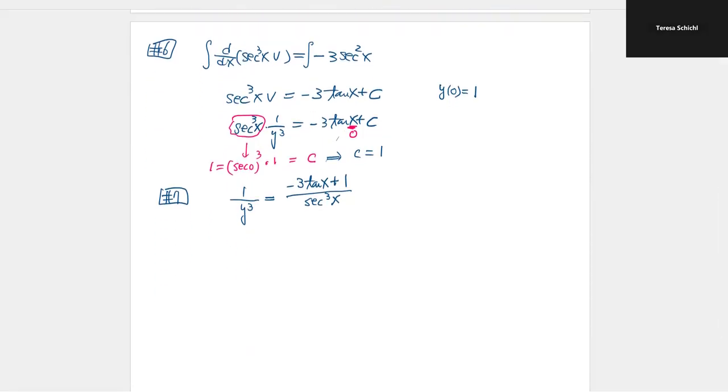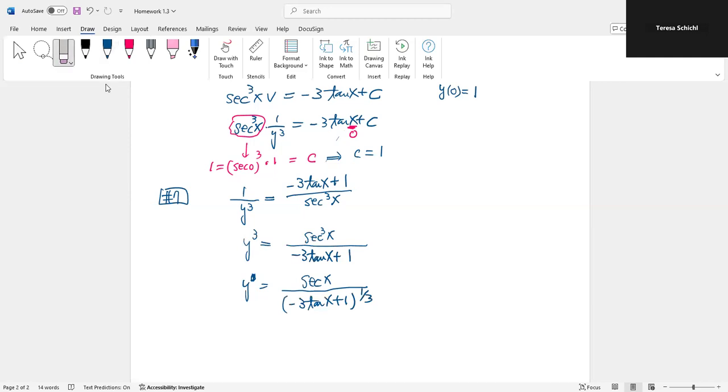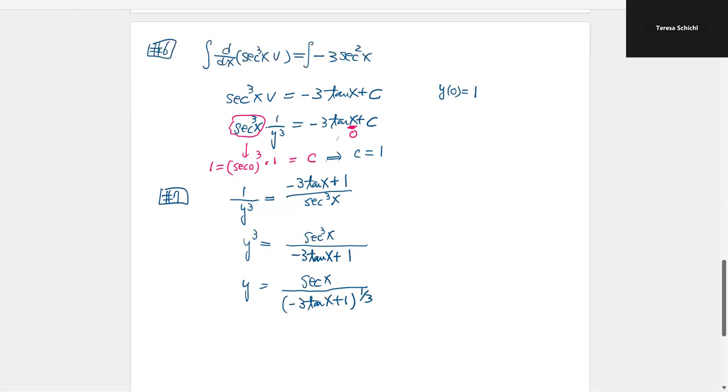So the y cube will just be secant cube x over negative 3 tan x plus 1. Then you can take the cube roots, right? If you take the cube roots, this will just be secant x, and here this will be negative 3 tan x plus 1 to the cube roots. After I take the cube roots, the cube disappears, right? So that's it, and this is our solution here.